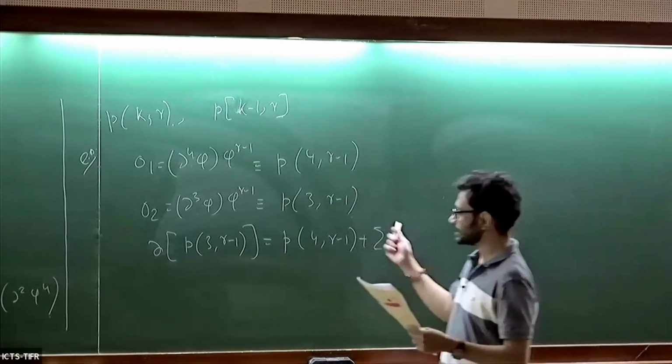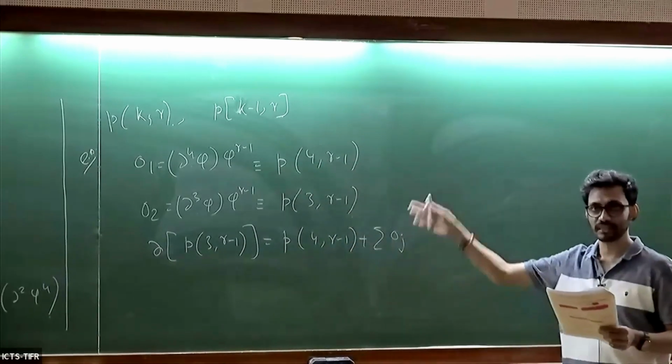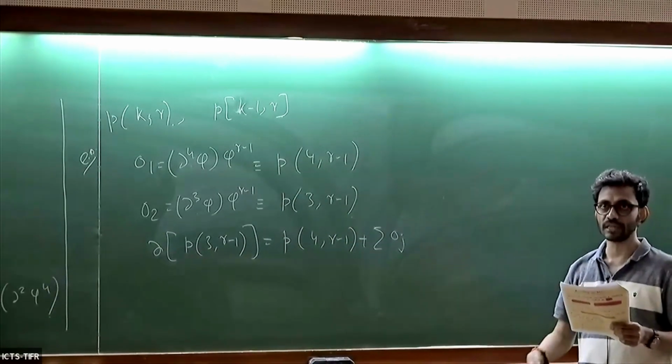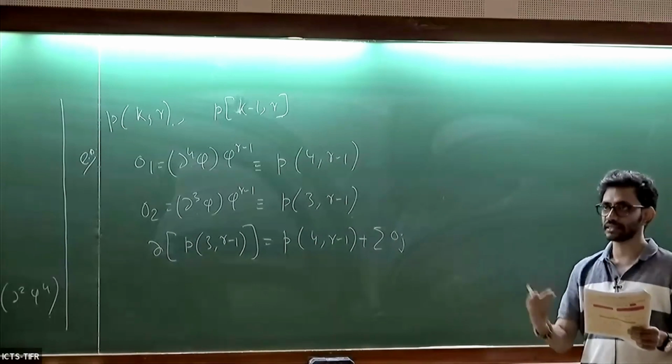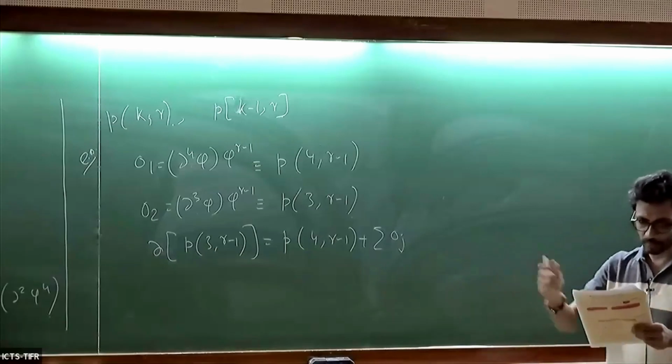So if we can find this kind of chain rules or relations, we should be able to count them and find out which operators are related to each other, and from there we can remove those.